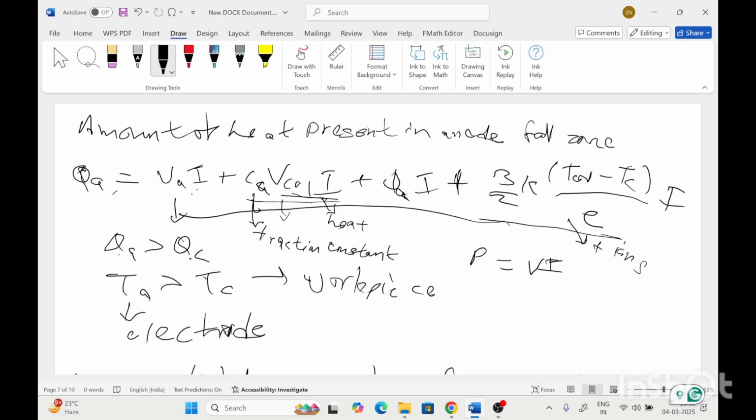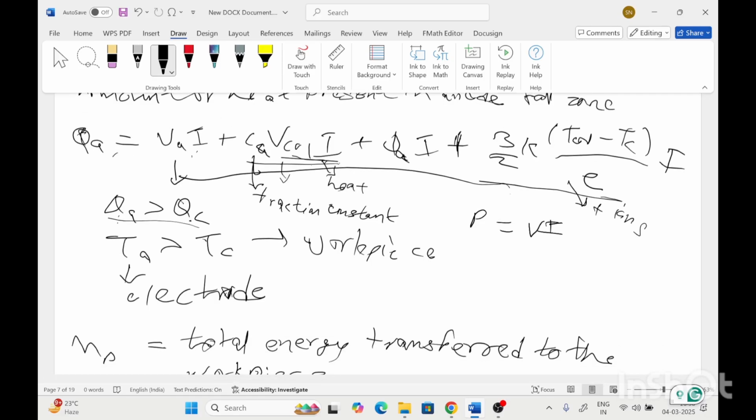Because this heat is higher for the anode, we can say that the temperature of the anode will be higher than the cathode. We are talking about the anode fall zone and cathode fall zone.